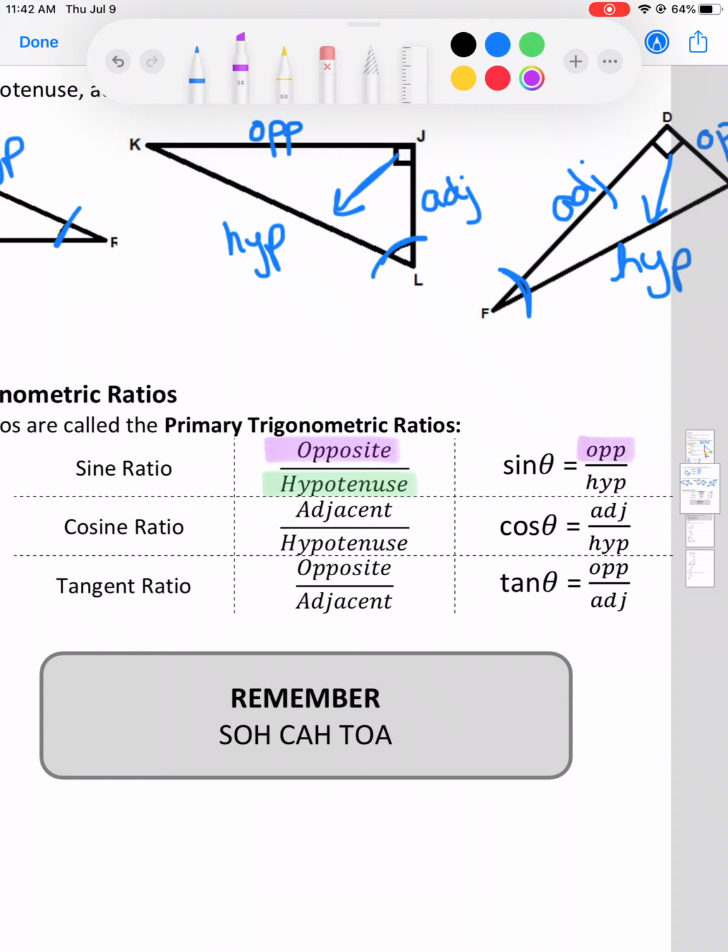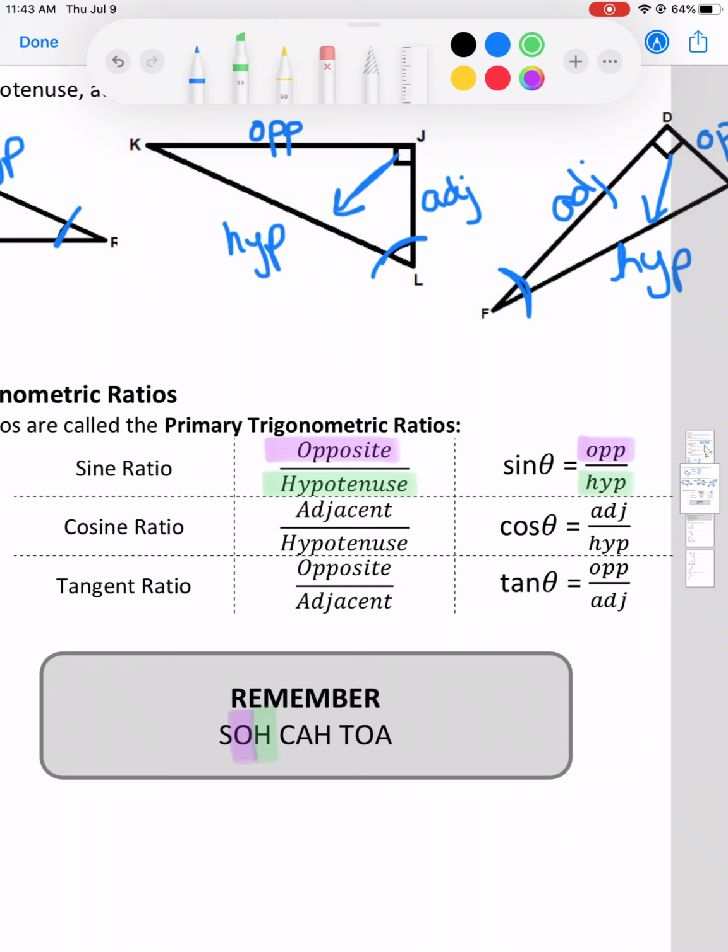Here's my opposite, and here's my hypotenuse. So when we're dealing with sine, we say SOH CAH TOA. Does that sound familiar? I hope so. So the reason why we say SOH is because sine deals with opposite and hypotenuse. Okay, so S-O-H, and then that's the order. So sine is equal to opposite over hypotenuse.